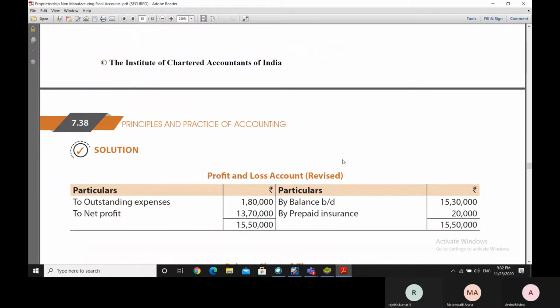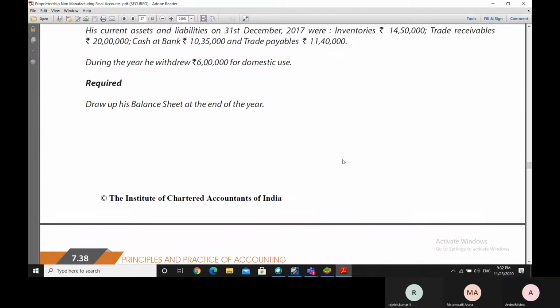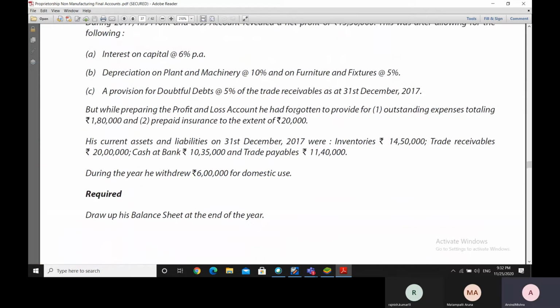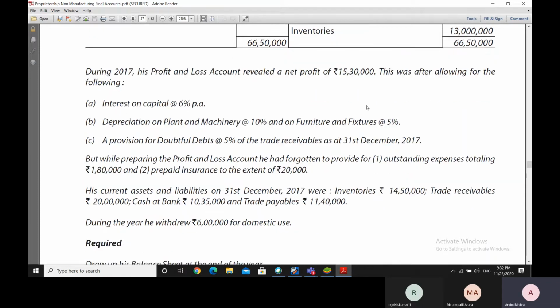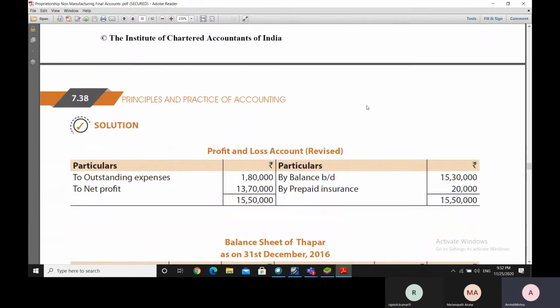Now here, what we have been told is that we have to start from the beginning, that we are having a net profit of 15,30,000 rupees during the year. So therefore this net profit has to go into the capital account. But at the same time, we have been also told that outstanding expenses and prepaid insurance has not been provided in the profit and loss account, and therefore our profit calculation is not yet complete till the time we provide for these.